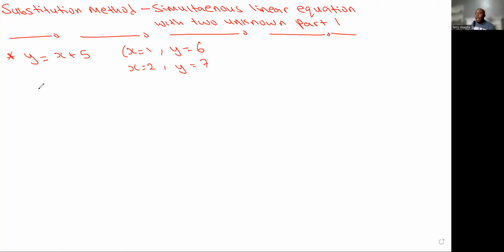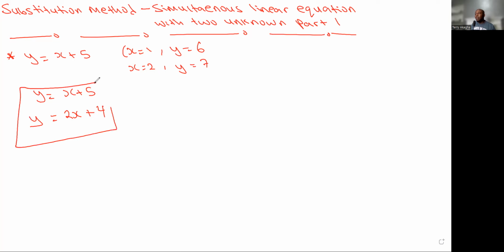So if, for instance, we have y is equal to x plus 5, and then we also have, let's say, 2x plus 4 equal to y.